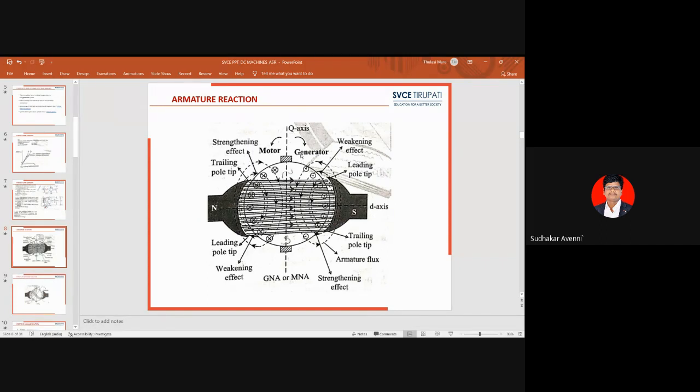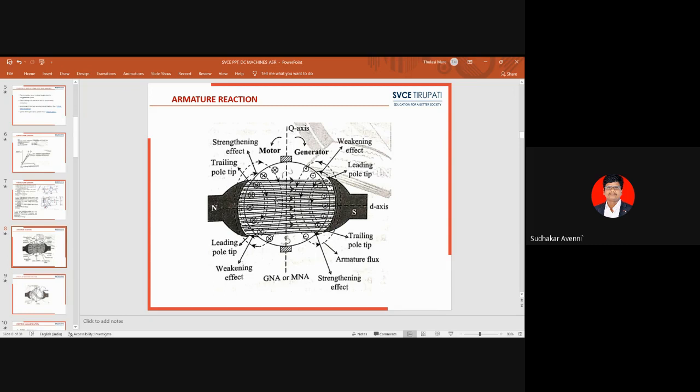That flux is seen here, existing from the north pole to the south pole. Suppose the armature is not carrying current, so whatever crosses and dots are shown here, no current flows in the crosses and dots. For that, there is no armature flux. When load is connected, armature flux is created. This armature flux crosses the main field flux. See here, horizontal axis, vertical axis.